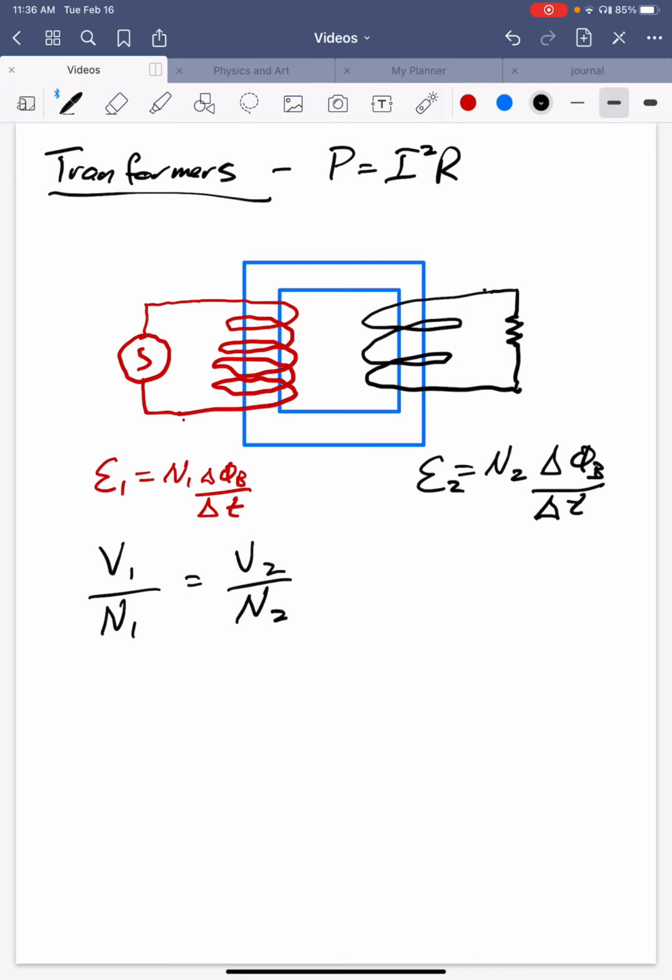Or you might think of it as V2 over V1 equals N2 over N1. So now by changing the number of windings in each of these coils, I can either step up or step down the voltage.